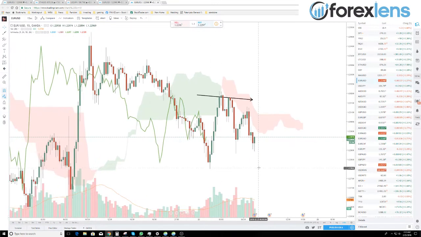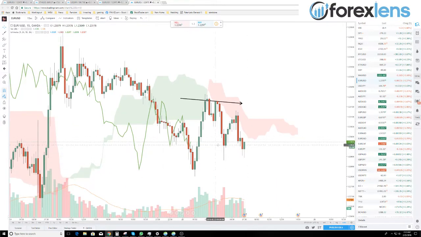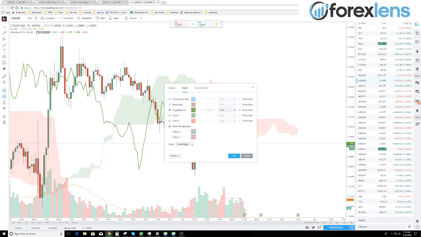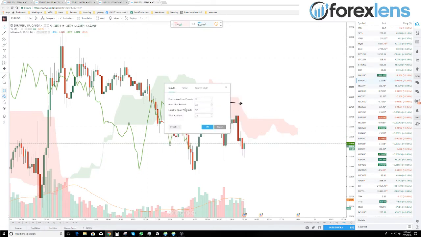Now the lagging span is the current price action moved backwards 26 periods. Where the cloud has moved forward 26 periods, if we go to inputs, sorry, the lagging span is back 52 periods.